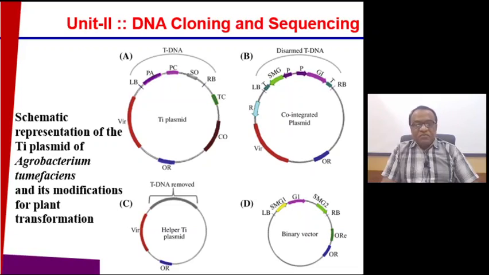In A, we see the Agrobacterium tumefaciens native Ti plasmid.